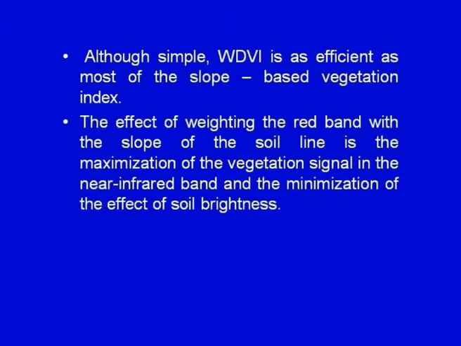Although simple, WDVI is as efficient as the most soil based vegetation indices. The effect of weighting the red band with the slope of the soil line is the maximization of the vegetation signal in the near infrared band and the minimization of the effect of the soil brightness.